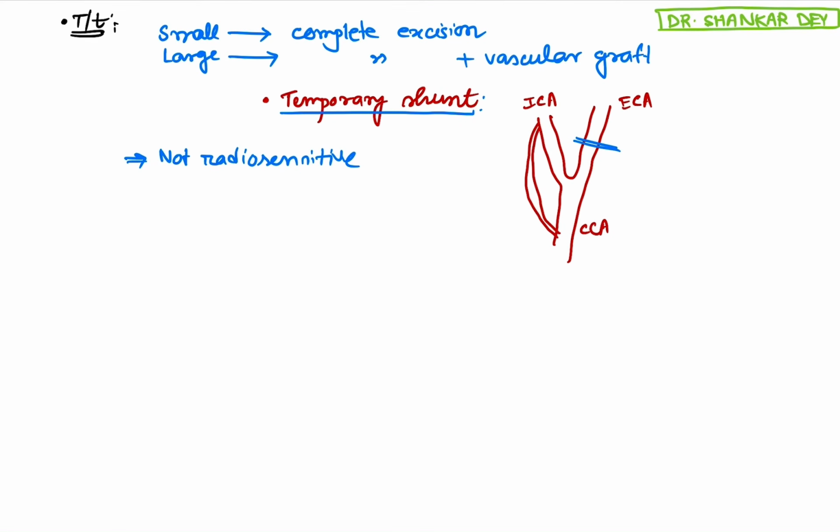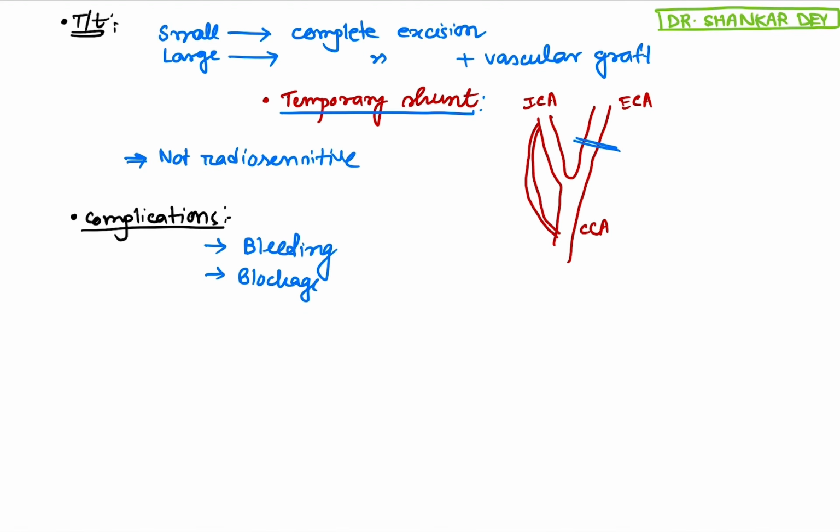So what are the complications of surgery? One, there can be profuse bleeding during surgery, as the tumor arises from the adventitia of the large vessels. There can be blockage of carotid arteries.